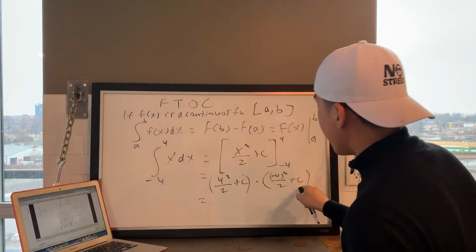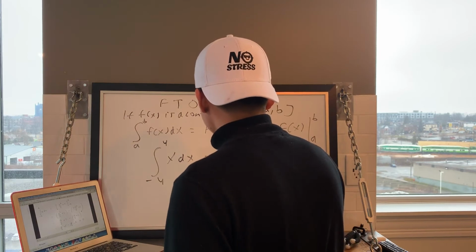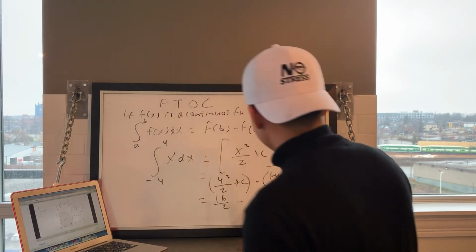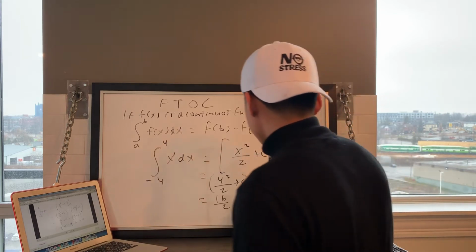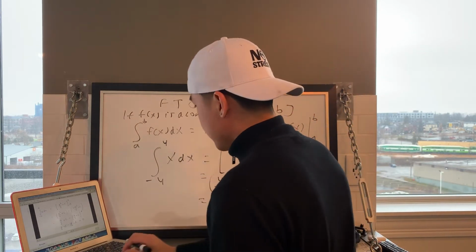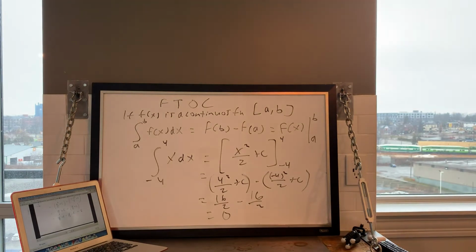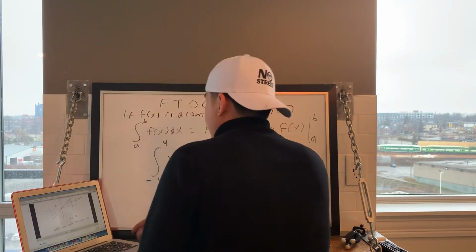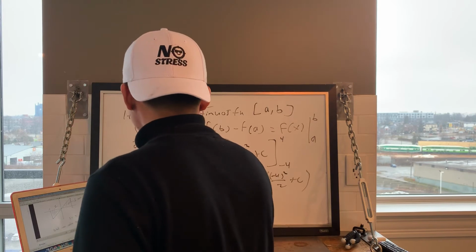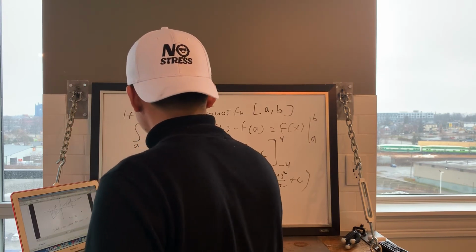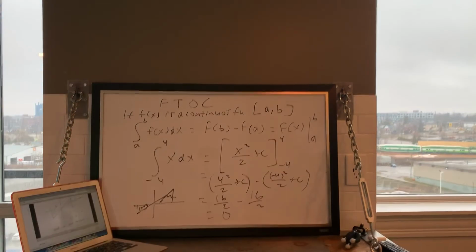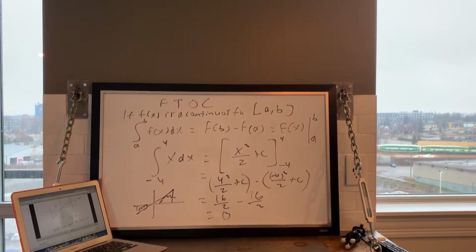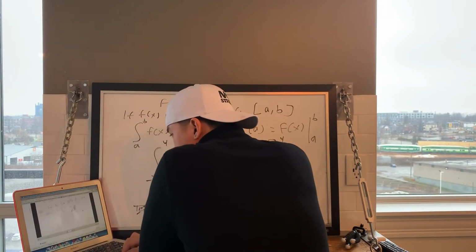Notice that the c's would just cancel, so you just have 16 over 2 minus basically 16 over 2 as well, so you just get 0. The area under this would just be 0. And to go back, it's saying that the negative area would just cancel the positive area. Yes, we actually have negative area now. So that's fun.